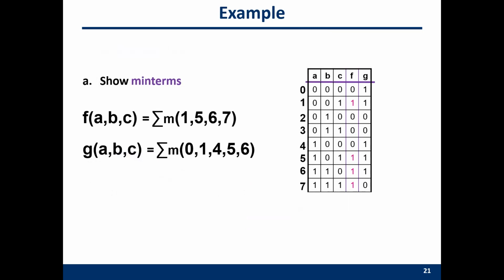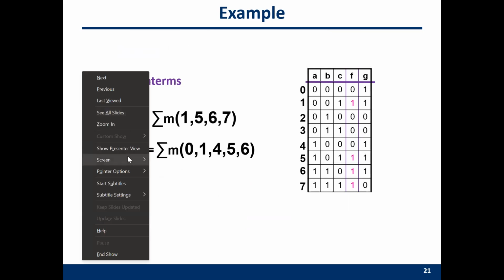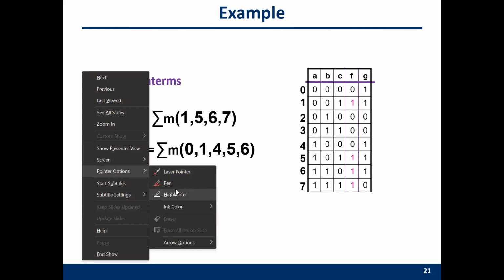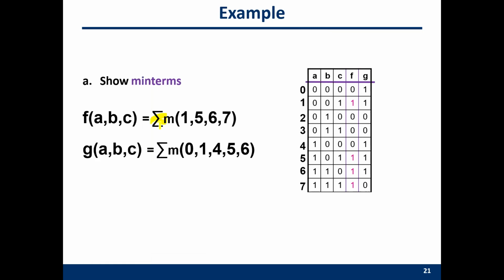So you can see we actually have a sign for the sum. You can see that these are the sums, and this part is the product. The product is the minterm.